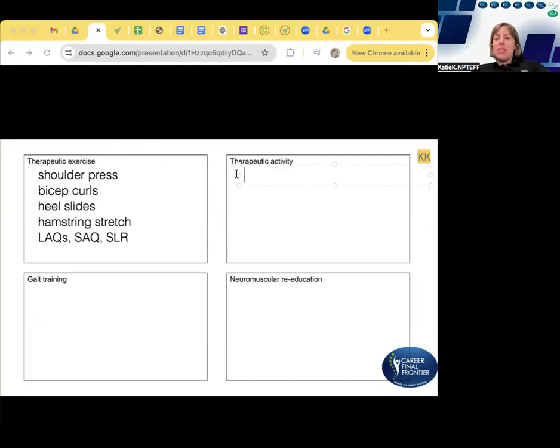What would be different about therapeutic activities? What would fall under here? Sit to stands. Yeah, transfers. Yep, that's functional. Reaching. Yeah, so if you're doing any sort of reaching to a top shelf or lifting, I'm going to combine these. That's functional, right?